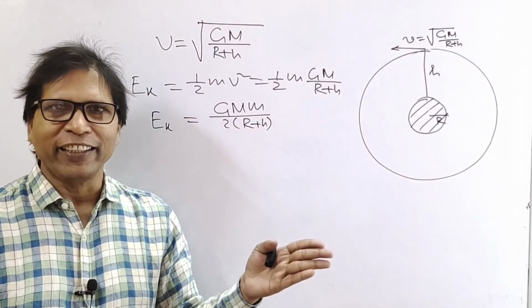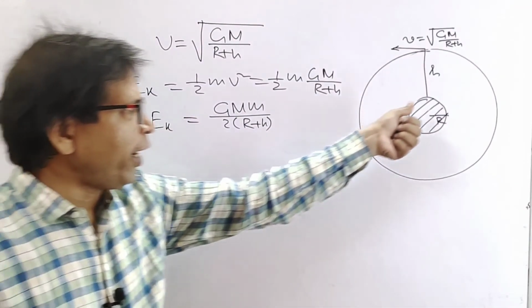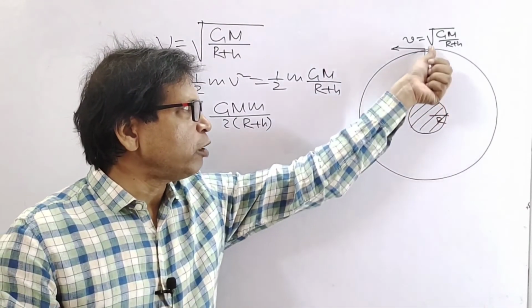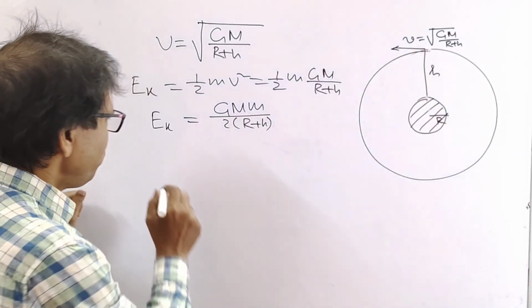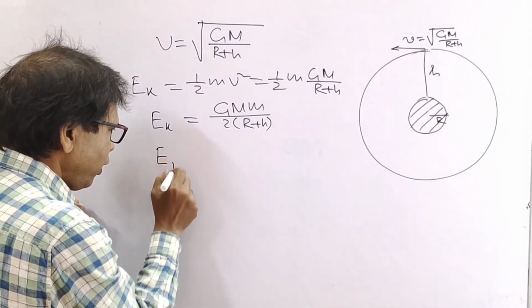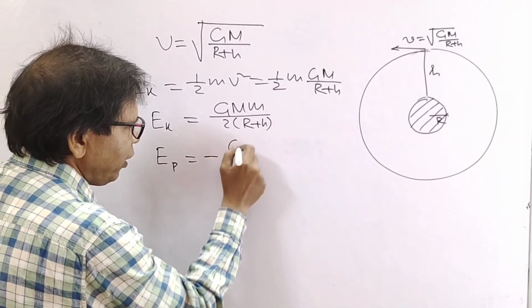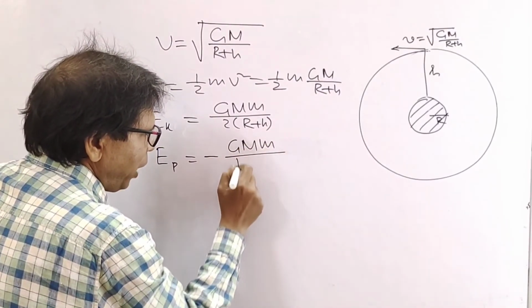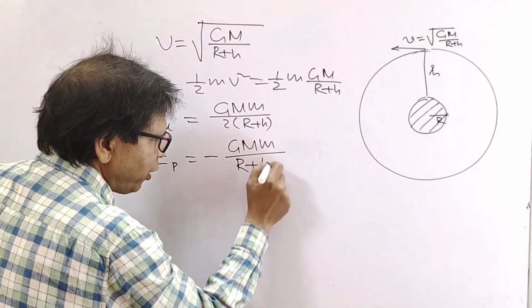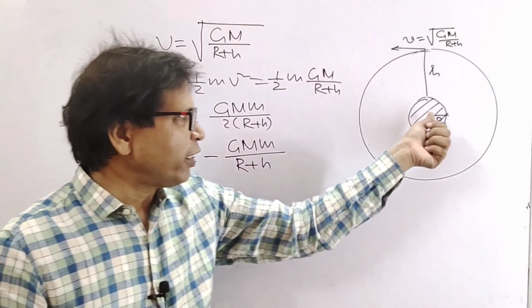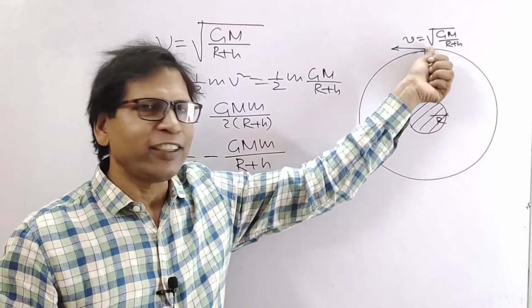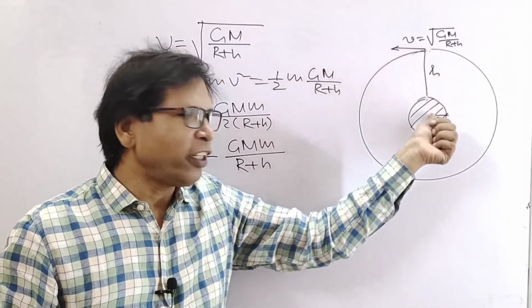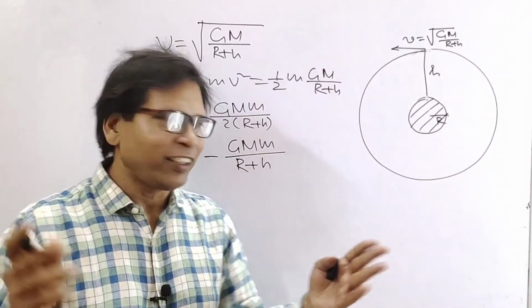Now potential energy. The potential energy at an altitude h from the earth's surface, EP, is equal to minus G, mass of the earth, mass of the satellite, divided by distance from the center of the earth. Look at this, this is R and this is h. So distance from the center of the earth is R plus h.